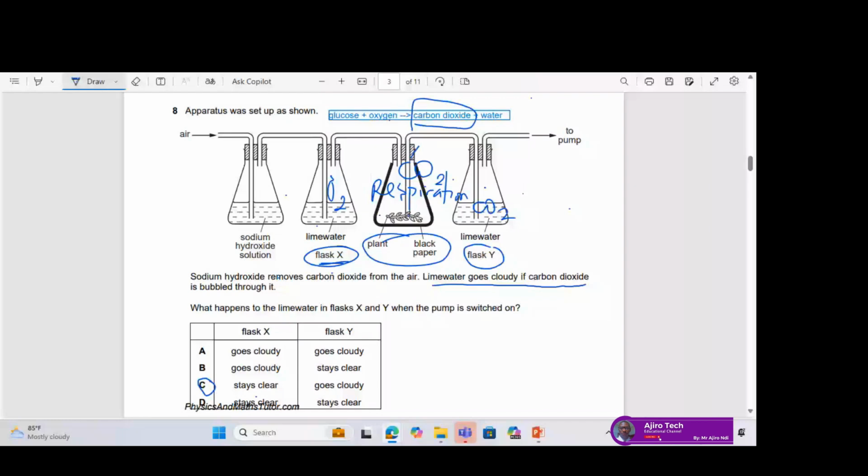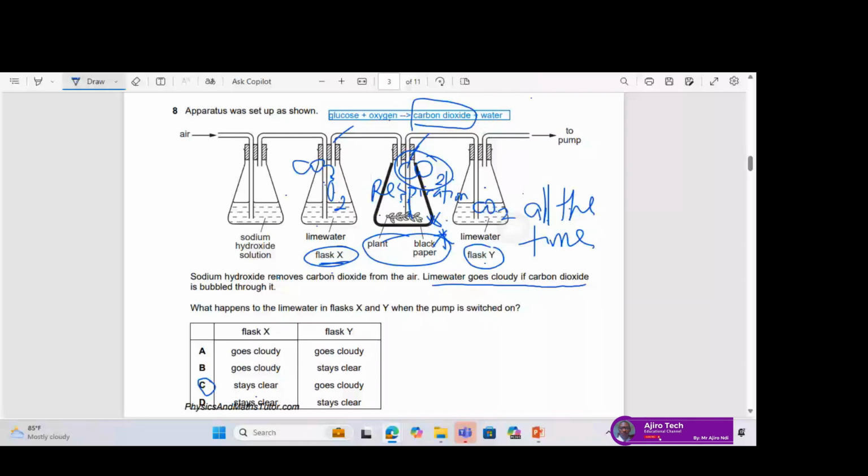Because this plant can't carry out photosynthesis, since there's no carbon dioxide in the air the plant gets, it can only respire. When it respires, it produces CO2, which is bubbled through the lime water and makes it turn cloudy. So your answer is C.